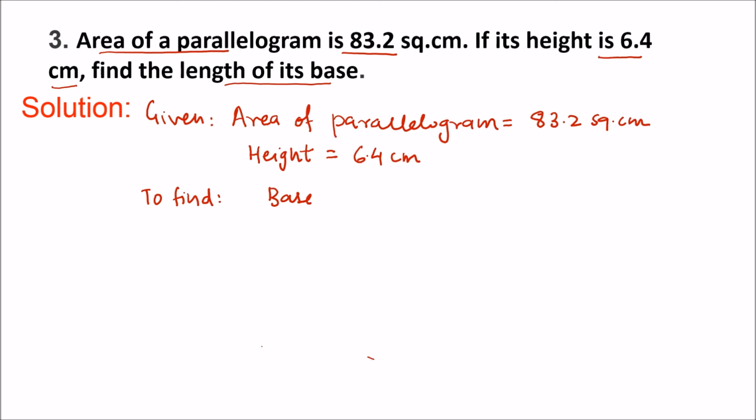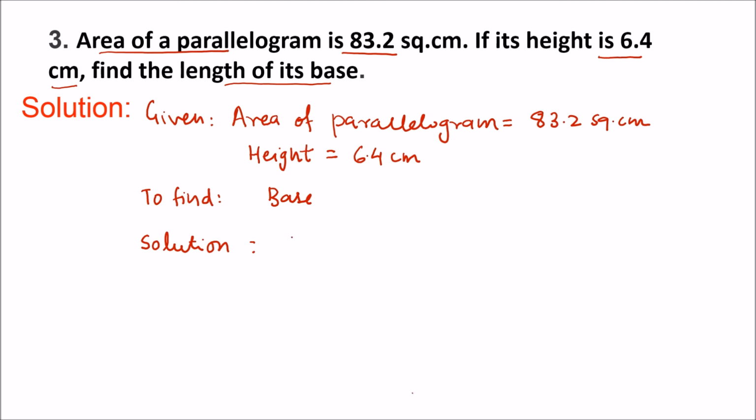Okay, now we'll go for the solution of this question. To find out the base, we have to use the formula for area of parallelogram. As the area of the parallelogram is given, definitely we have to begin this answer with the formula of area of parallelogram.